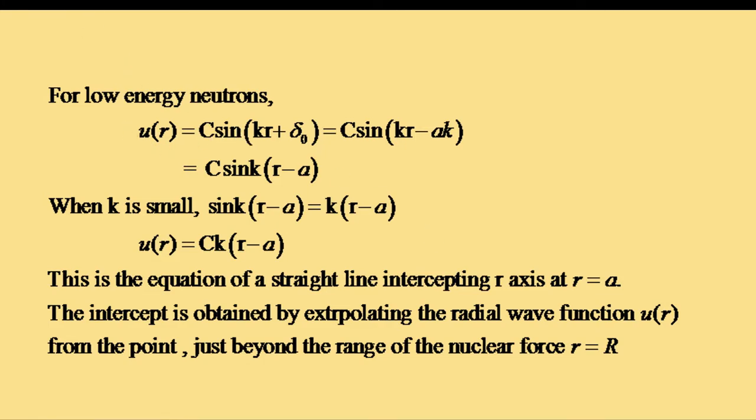So at the point where that sine curve meets small r equal to capital R, you will draw a line, which means you will be extrapolating. Where that extrapolated line meets the r-axis, that point you are calling the scattering length.